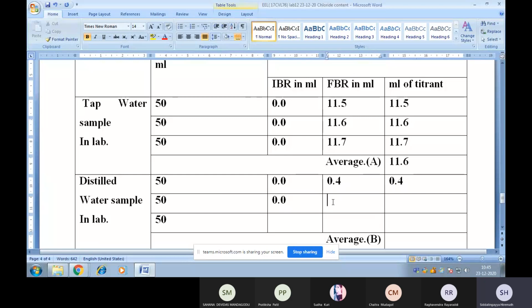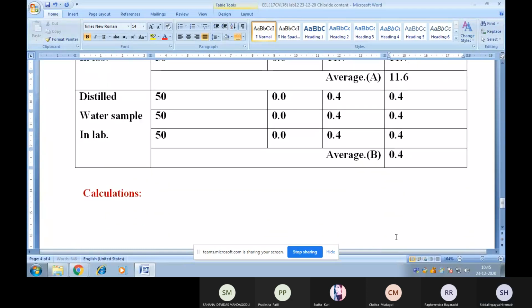So the second reading may be 0.4 itself, and the third may be 0.4. The average burette reading for distilled water is 0.4 only.